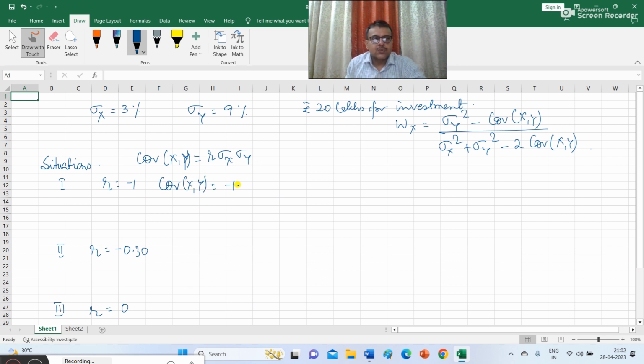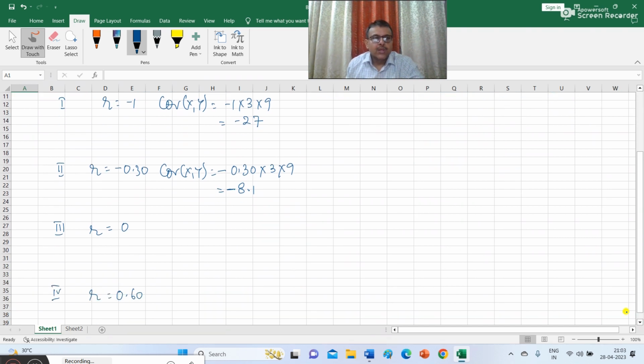is equal to minus 1 into 3 into 9, which is minus 27. In situation 2, cov xy is equal to minus 0.30 into 3 into 9, which is equal to minus 8.1. Then in situation 3, the value of cov xy is equal to 0, because when you multiply 0 with 9 and 3, you will get a value of 0.